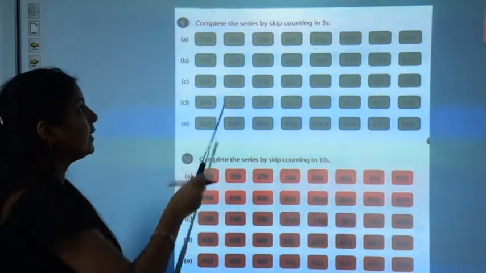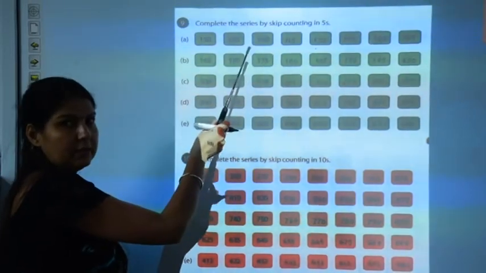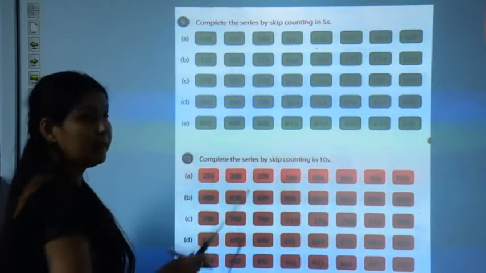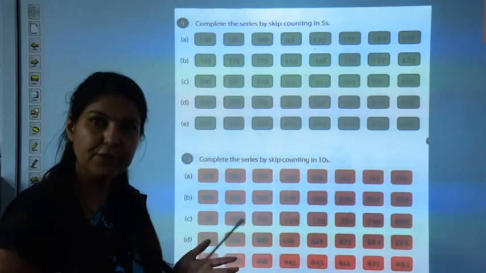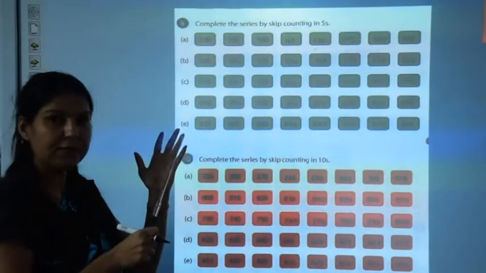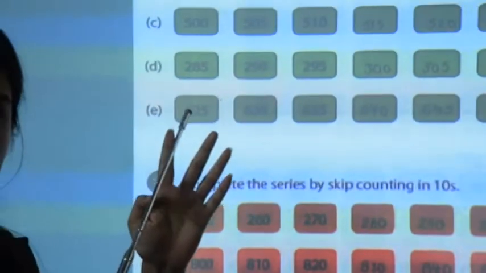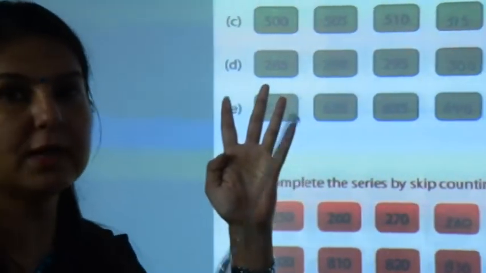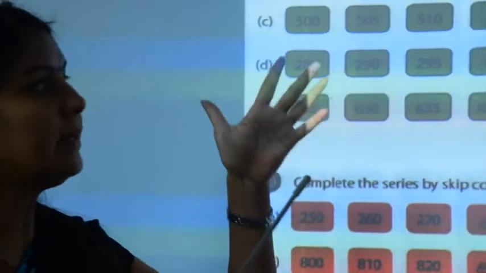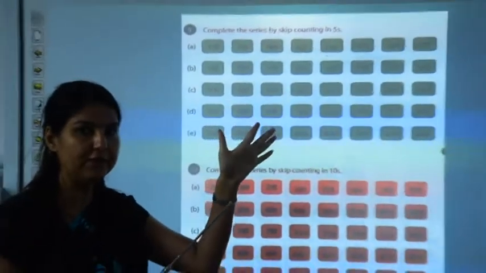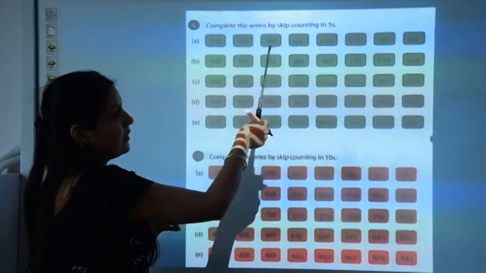So 155 is written here. Next, after 155, 156, 157, 158 and 159, these 4 numbers are skipped and we will write the number which is coming at the 5th place. This is 160.